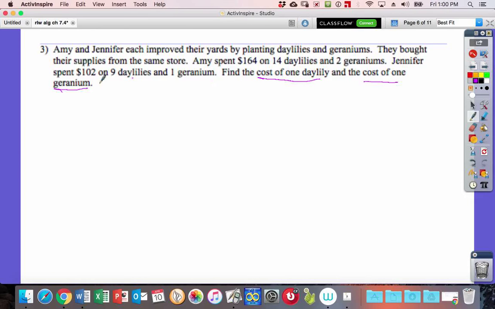Okay, so I'm going to do this one. I'm going to use D is equal to the cost of a daylily. And I'm going to say G is equal to the cost of the geranium.